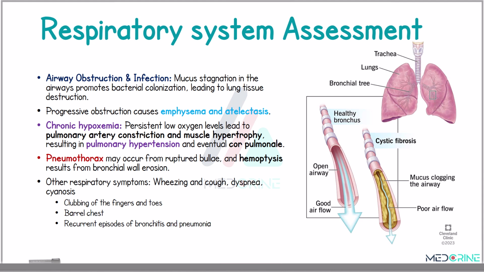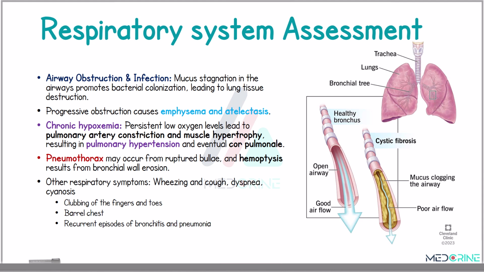When assessing these patients with cystic fibrosis, we need to perform a respiratory assessment, a digestive system assessment, and a reproductive system assessment. Let us start with the respiratory system assessment. In the respiratory system, you need to assess for airway obstruction and any infection.